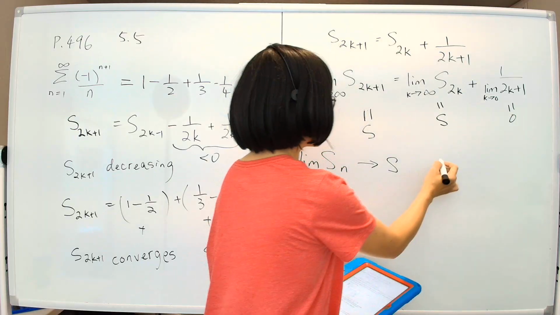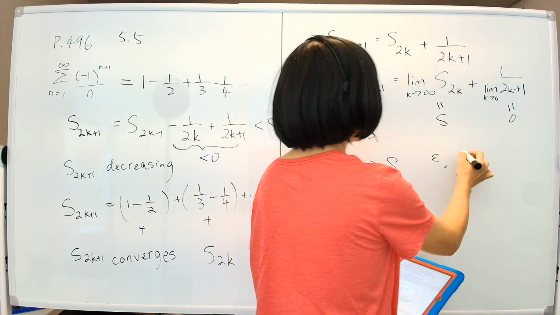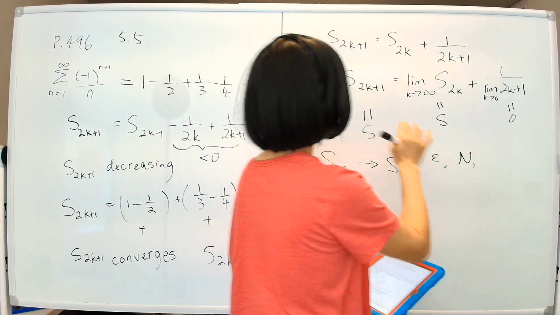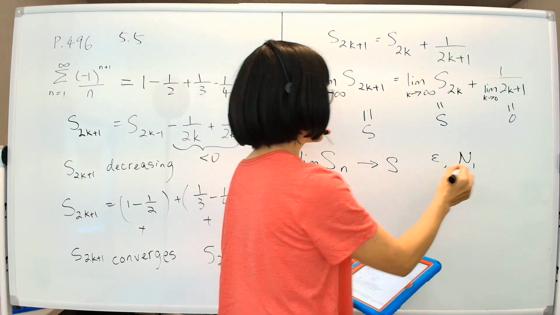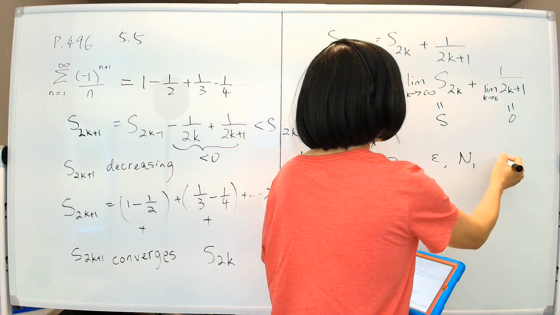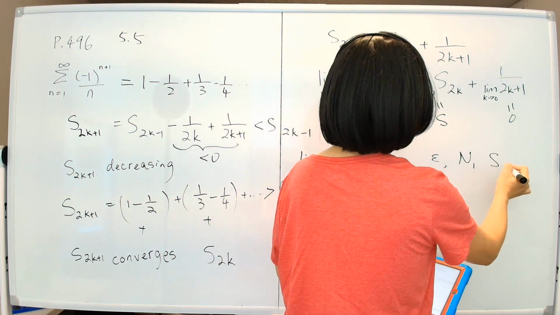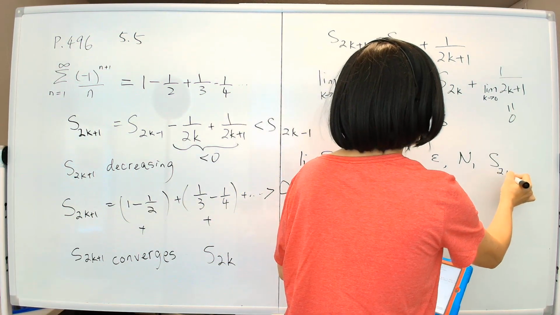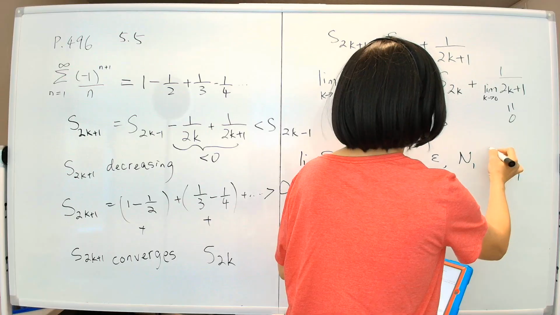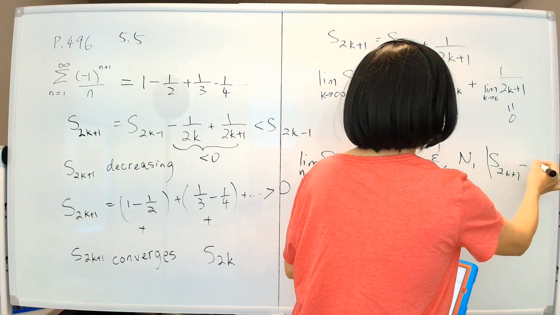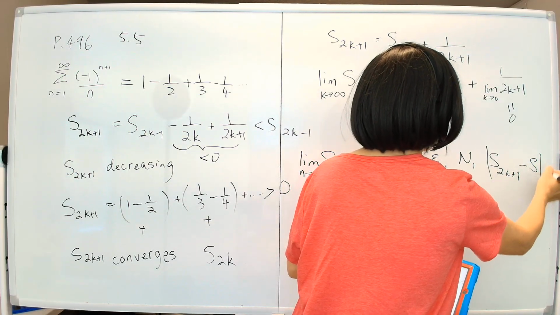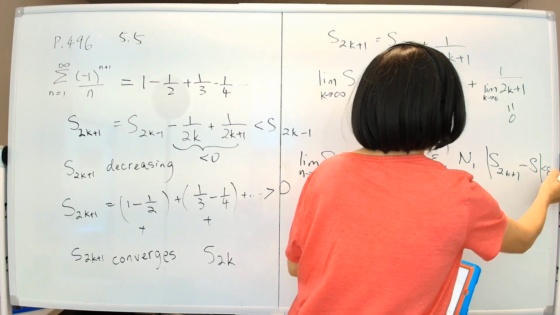So given epsilon, you can choose n1 corresponding to the odd sequence, where for big enough k, S2k+1 minus S is within epsilon.